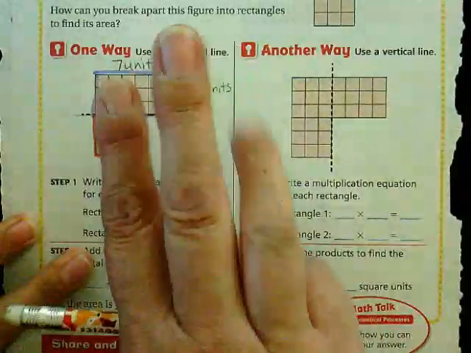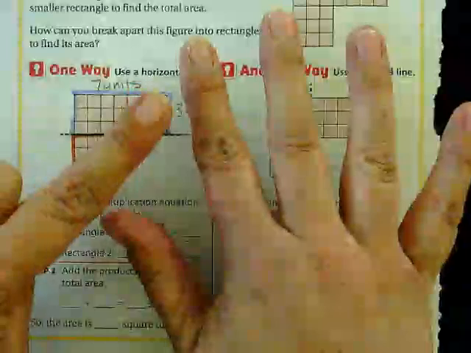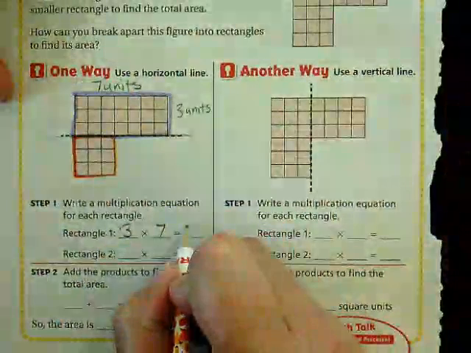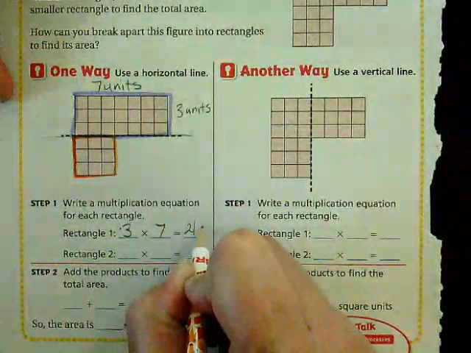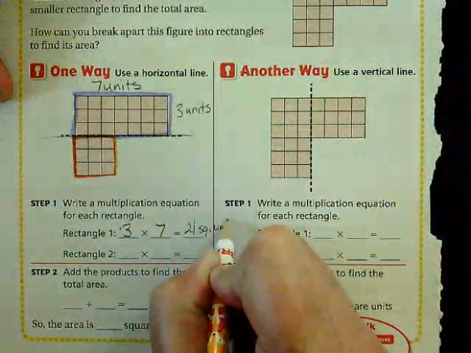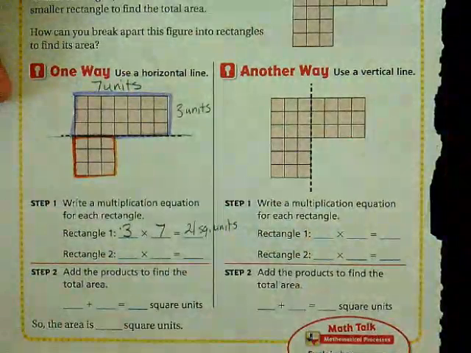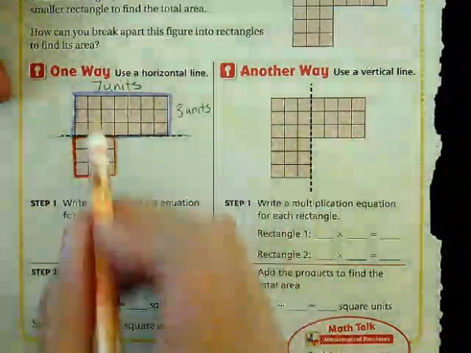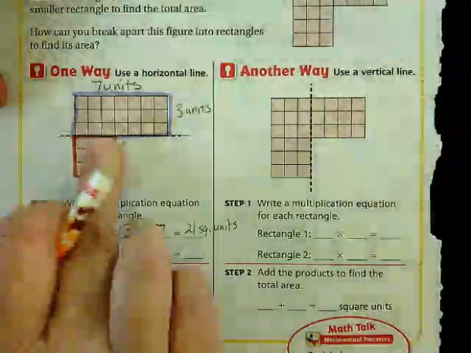3, 6, 9, 12, 15, 18, 21. So 3 times 7 is 21 square units. That's how big the purple rectangle's area is. How about rectangle 2?